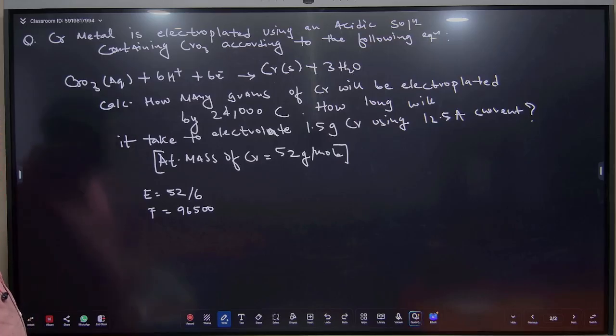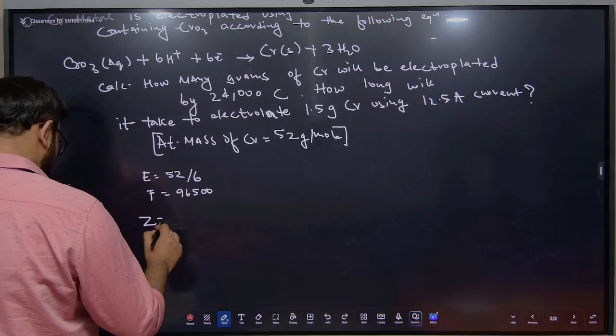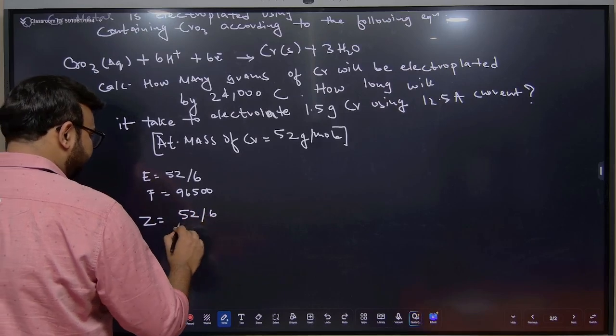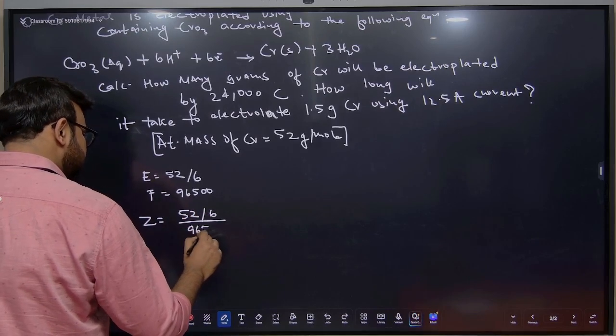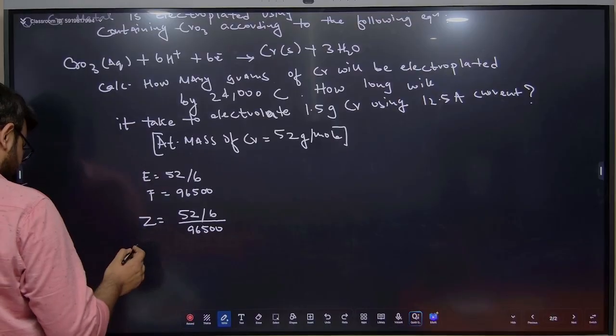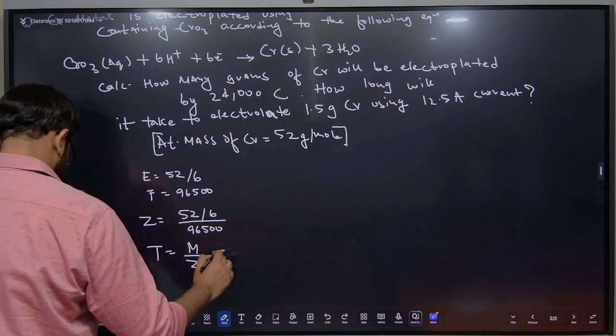First we will do the time, then the second one. Did you all get the answer for the second one? So Z will be equal to 52 by 6 by 96,500. Correct, this will be your Z. And now T is equal to M by Zi.